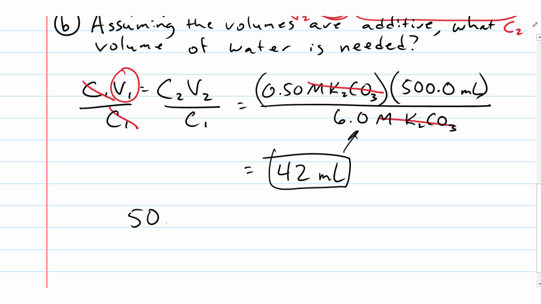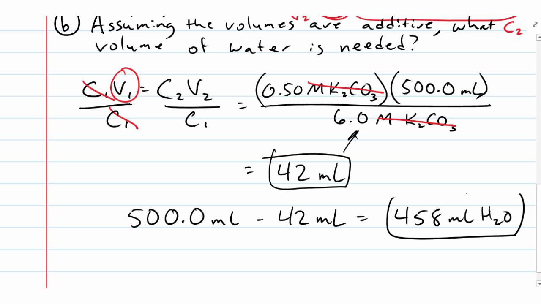We take 500 milliliters minus 42 milliliters, and we wind up with an answer of 458 milliliters of water. And so again, assuming that they're additive, the 458 and the 42 should add up to give us the 500 milliliters of solution.